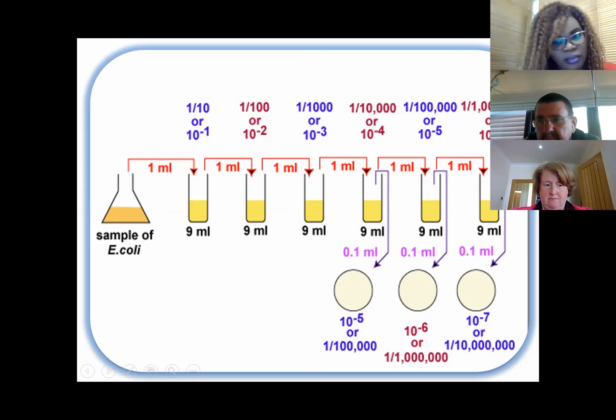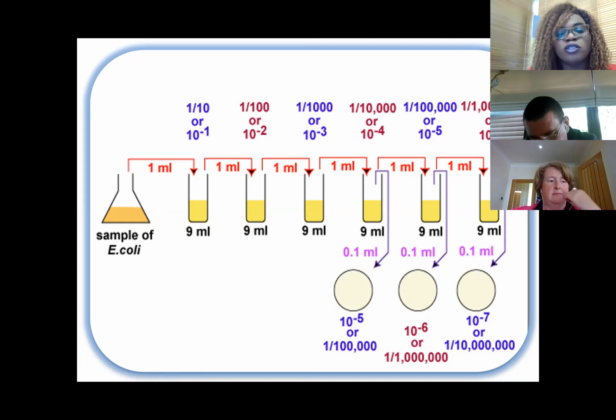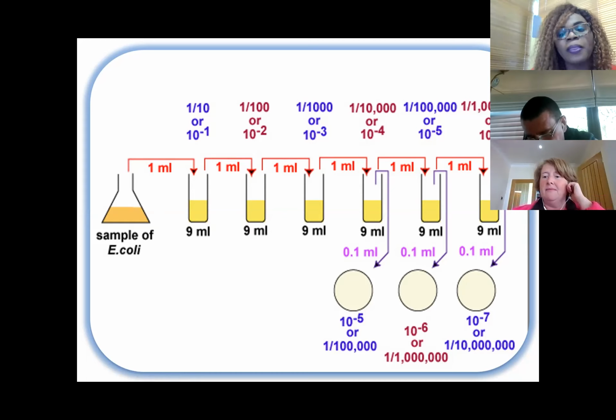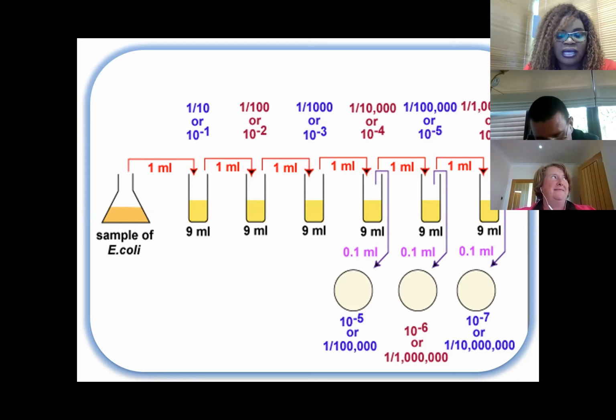1 in 1 million dilution. So when I've done my serial dilution, 1 in 1 million dilution, I take 1/10, so 0.1 mil, and I spread it on a Petri dish. Assuming I get 33 cells, I need you all to have a go at calculating how many cells I have in my original sample. Let's have a go.